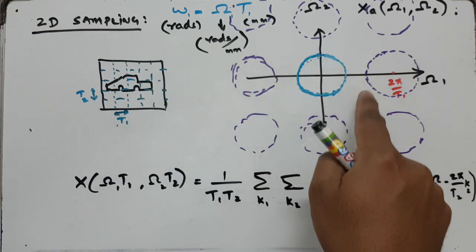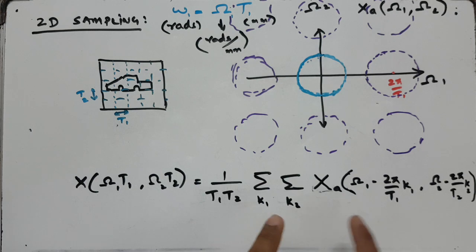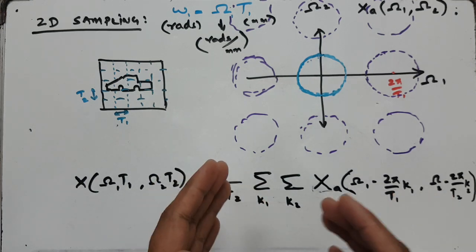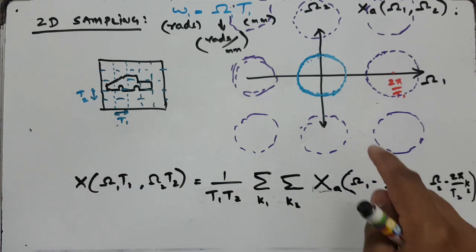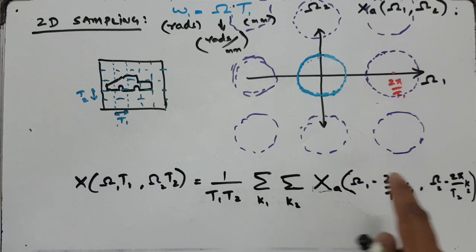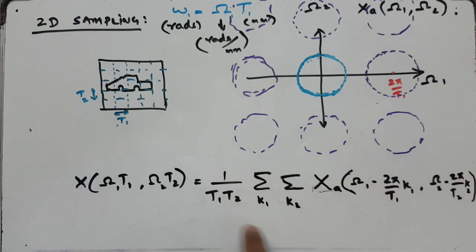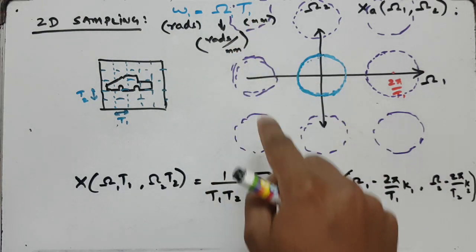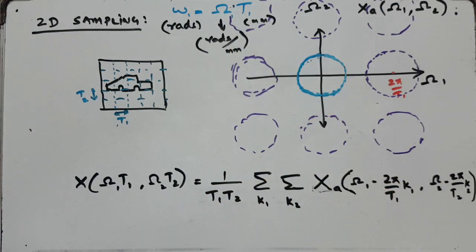So this is this blue part, and when we repeat this blue part after every 2 pi by T1, and this goes on for all omega 1 and for all omega 2, then the signal that we get is this, and this is actually multiple copies of the original 2D Fourier transform.